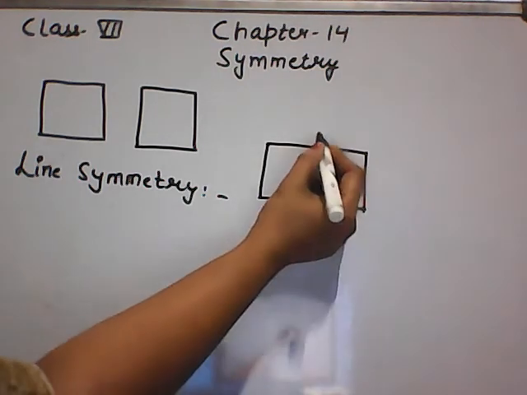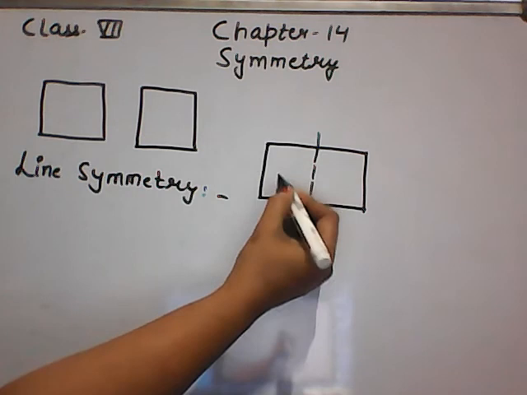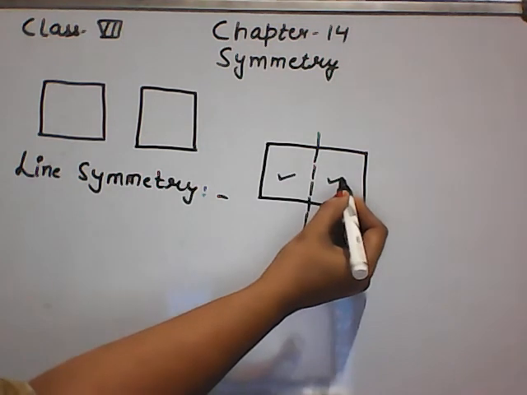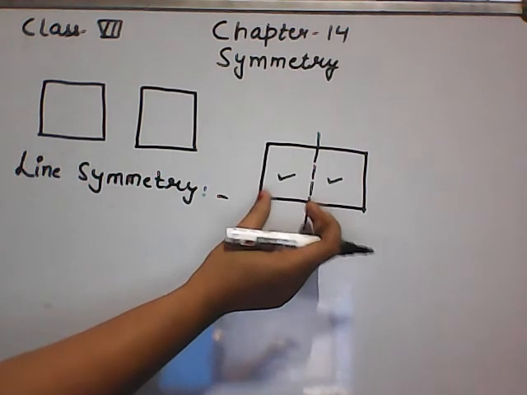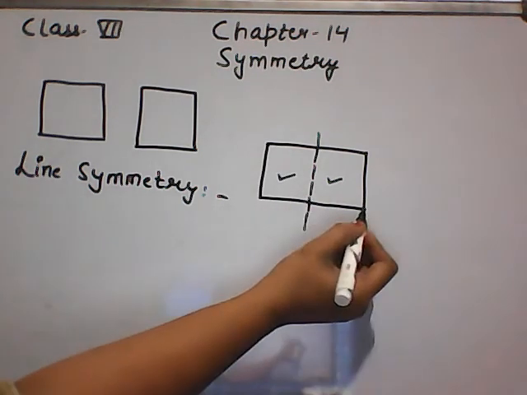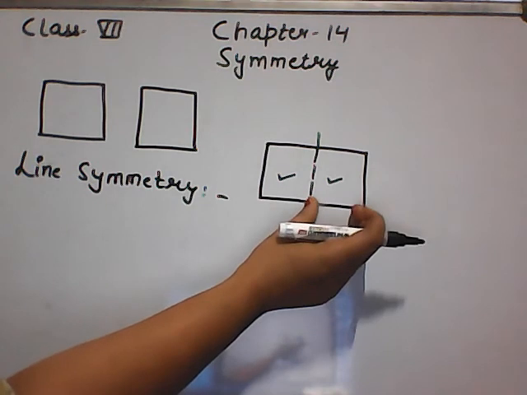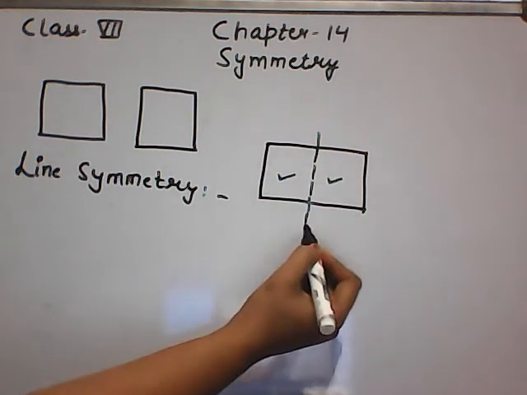If we draw a vertical line, then this part and this part will coincide with each other. If we fold this part over this part, then these two parts coincide with each other and this line is called the line of symmetry.